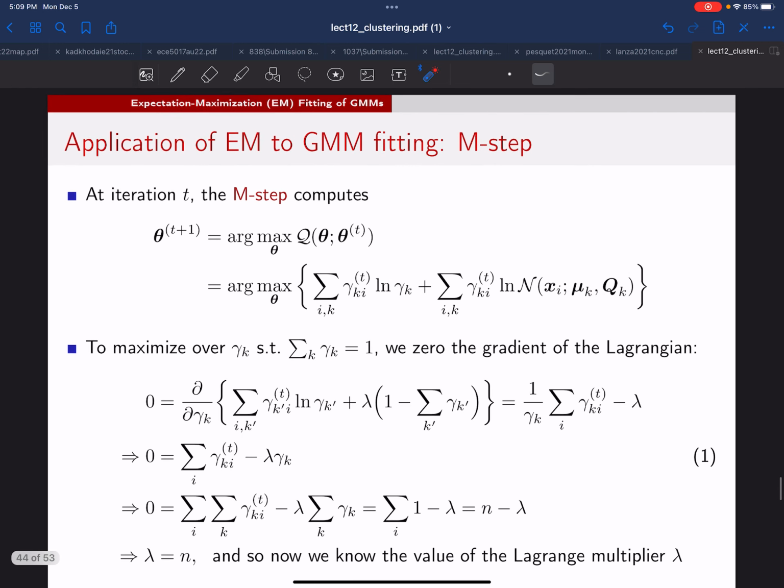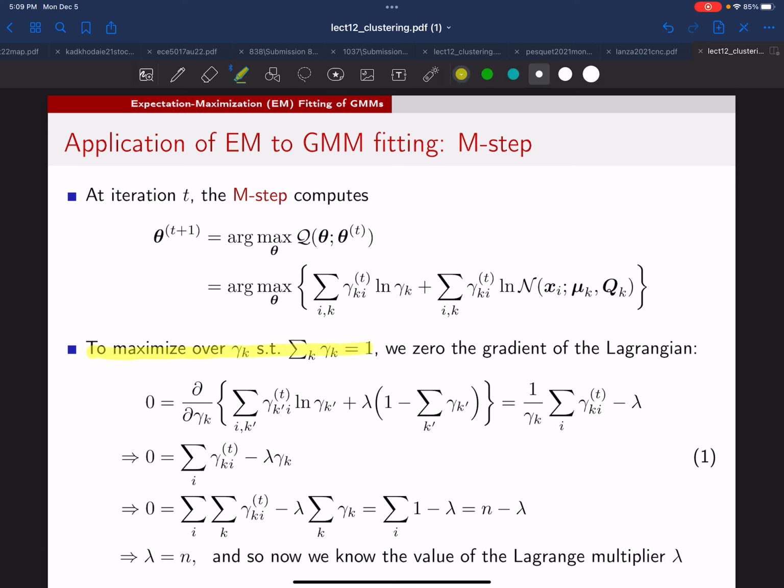So let's talk about how we do the maximization over gamma_k. One thing that's important to remember is that these weights have to sum to 1. If you remember, they also need to be non-negative, but we don't have to explicitly enforce the non-negativity.